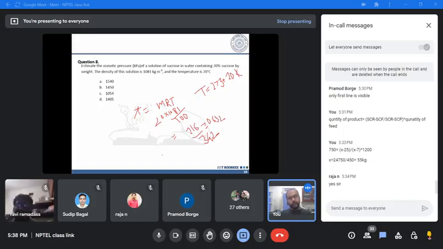Okay, so when you put this m value here, it will be 0.632 into R, which is 8.314, and the absolute temperature is 293.